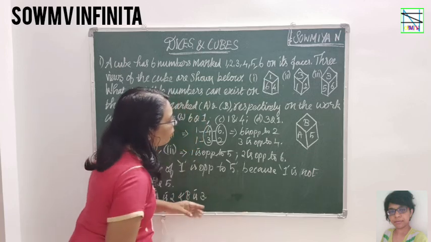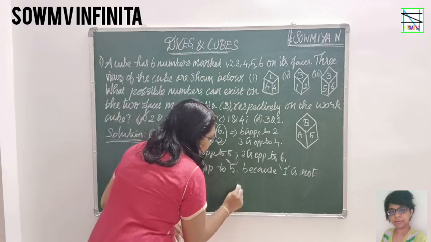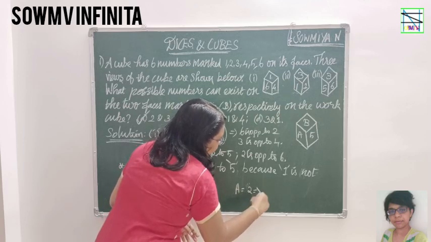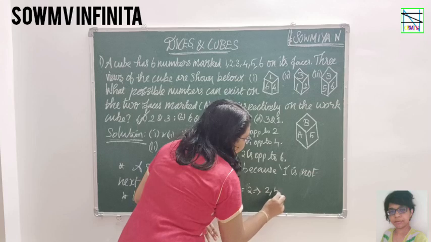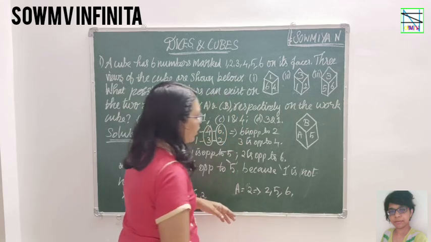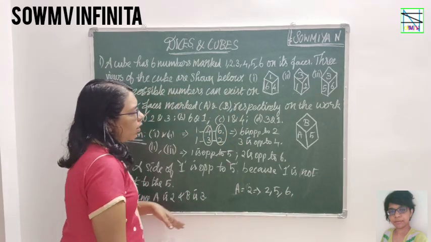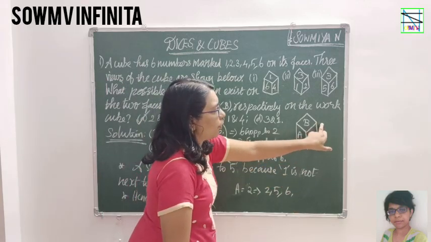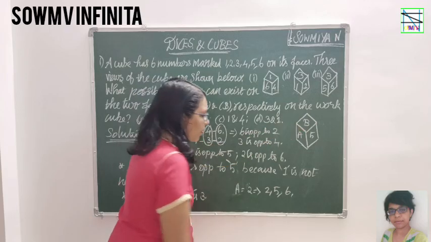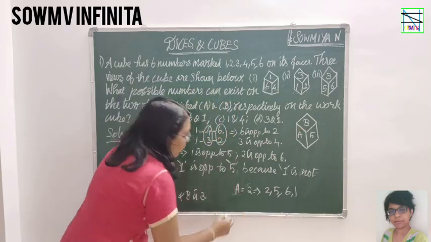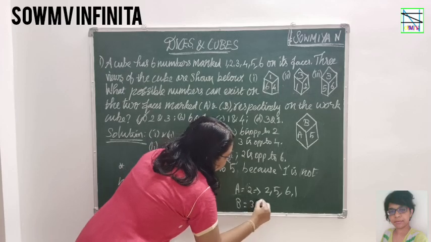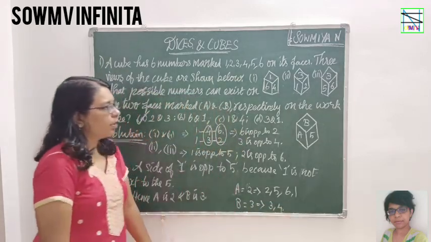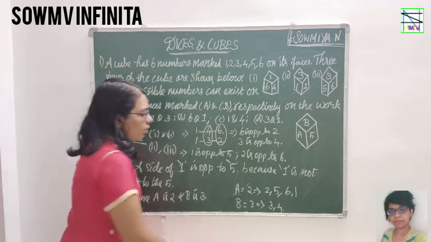So A is 2 means 2, 5, 6. So 2 is opposite to 6, and 5 is opposite to 1. This is in the order. So B is 3 means the opposite is 3, 4. 3 to 4, this is the opposite.